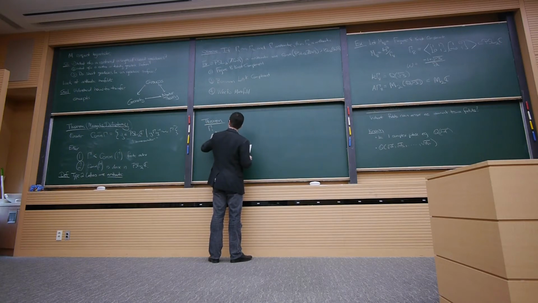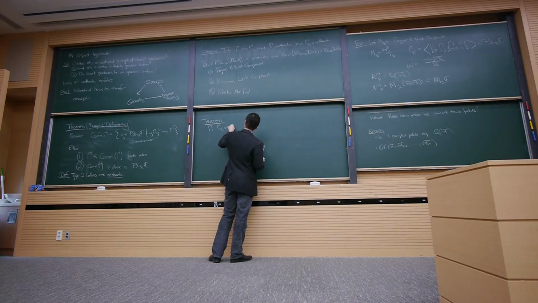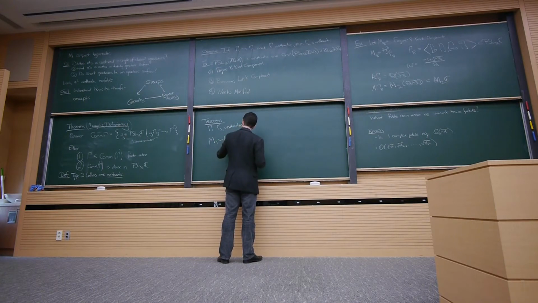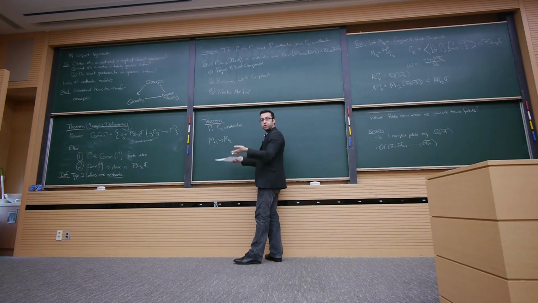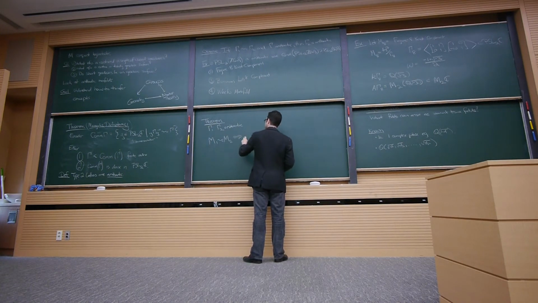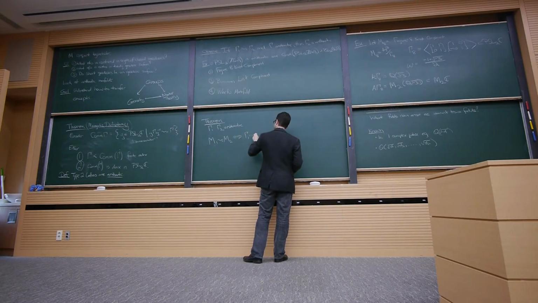Gamma 1 and gamma 2 are arithmetic. M1 is commensurable to M2. The associated manifolds just means they share some finite sheeted cover. This is by definition the same thing as gamma 1 being commensurable to gamma 2.